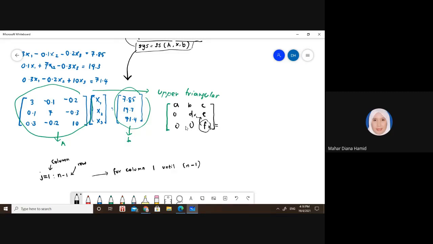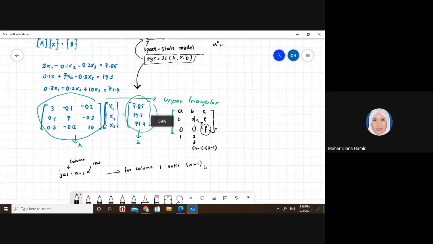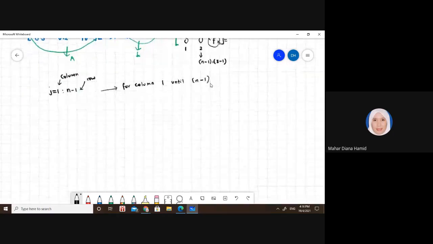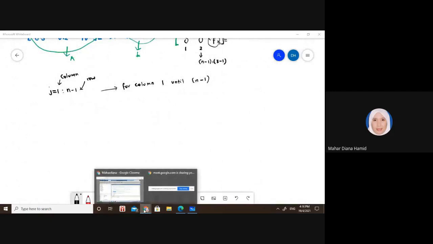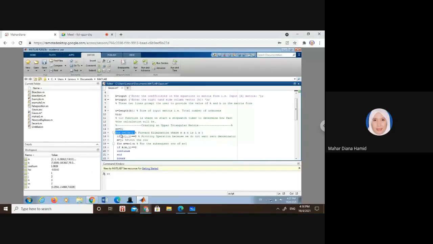For example, we only wanted to change the elements from 1 and 2. So 2 here is actually n minus 1, which is 3 minus 1. So we wanted to keep this element because we wanted to know what is x3 as we substitute directly. So that's the meaning of line number 15.